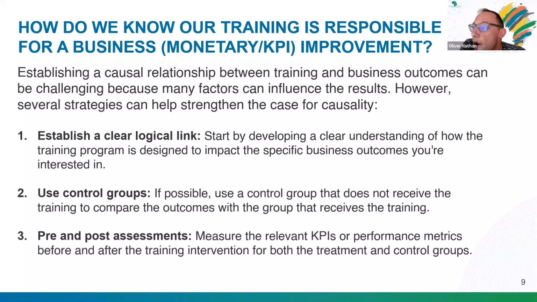Thank you. Number one, what we can do is establish a clear logical link, right? So we can start to develop a clear understanding of how the training program is designed to impact those specific business outcomes. That speaks to the point that I was discussing around ensuring alignment with the program key performance indicators.